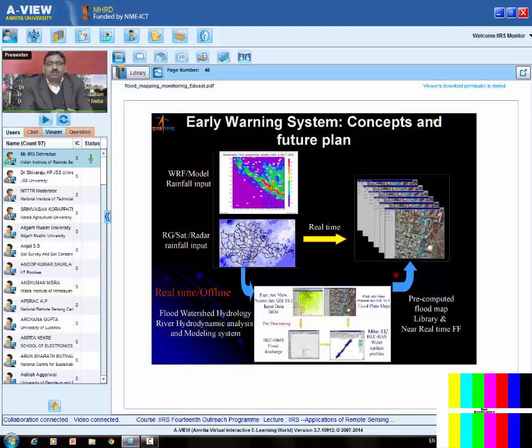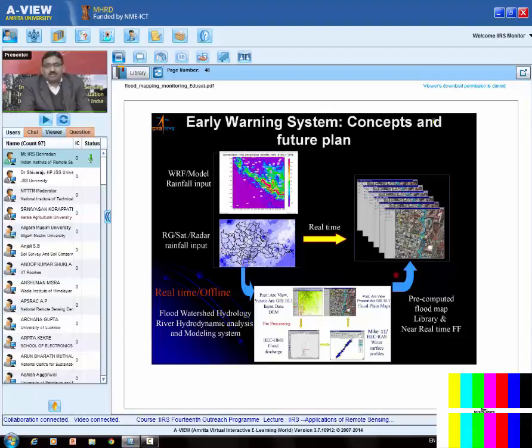So provide all the information, past data, then you predict for the future. Generally, 3 days accuracy it gives very nicely, so you will get accuracy of 80% to 90%. After that the accuracy may reduce. But this is important: the next 3 days you should predict properly, so that you can tell the people, gentlemen, you may have a flood.